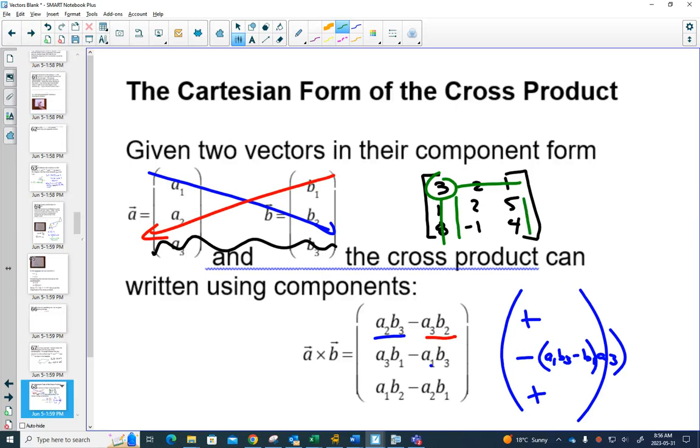Then you took your second number, ignored everything else, and multiplied by the determinant of what was left, but with the second number you added a negative. Same thing that we're adding a negative here. And then the third one, you'd ignore everything else and do the determinant for what's left.